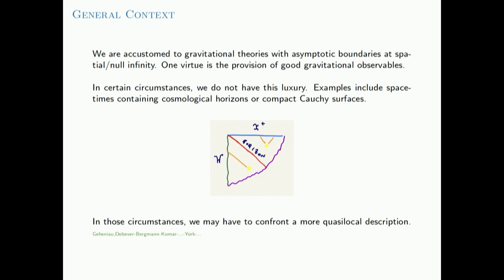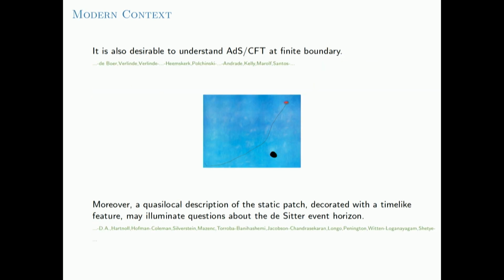In those circumstances, and as far as I can tell, this question goes back to even the 50s, we may have to confront what people might call a more quasi-local description of the physics. From a more modern context, it's also desirable, as we heard, to bring in the AdS/CFT boundaries slightly inwards. This is something we may wish to understand and may help us think about more finite regions of spacetime.